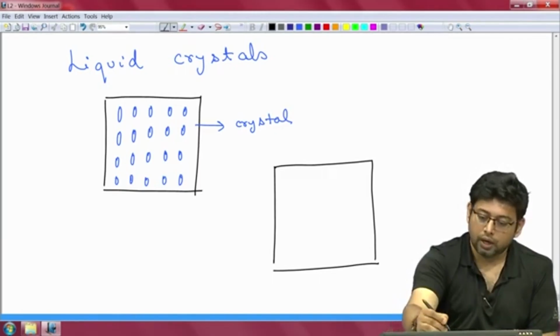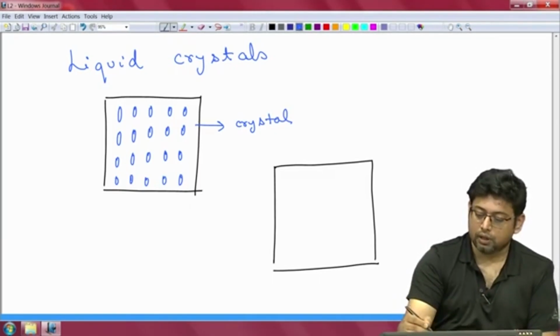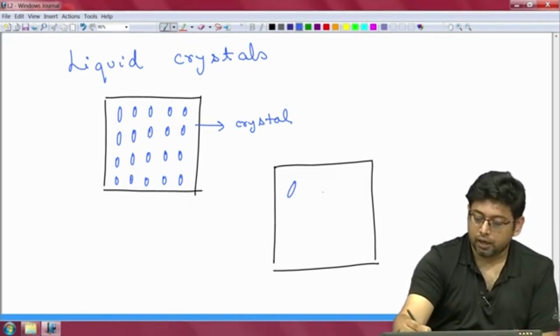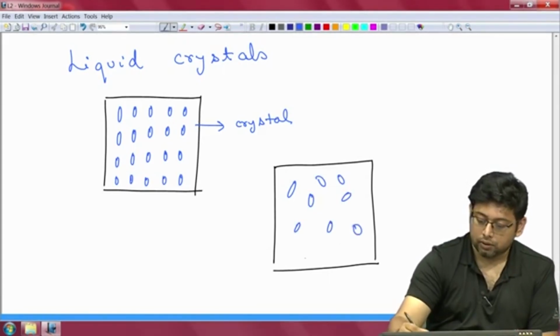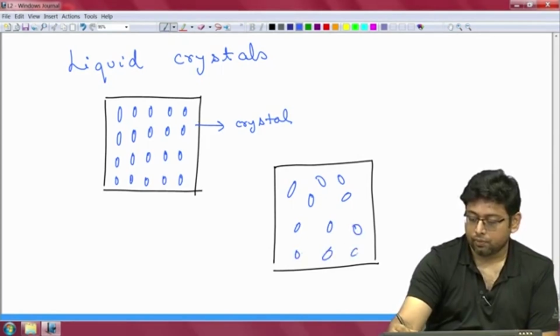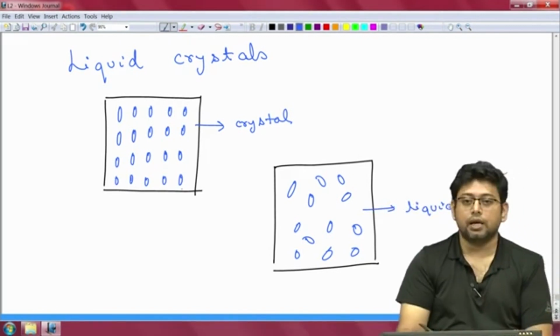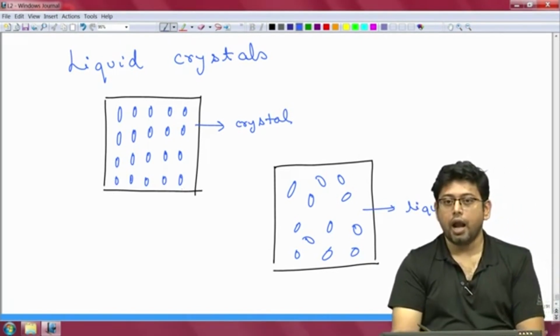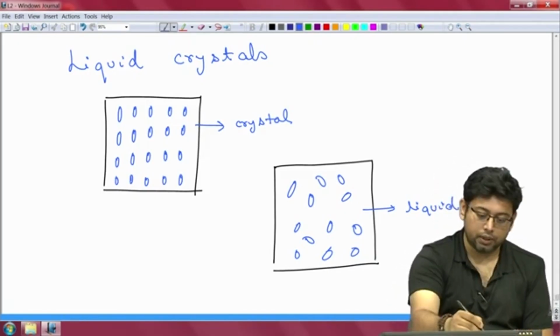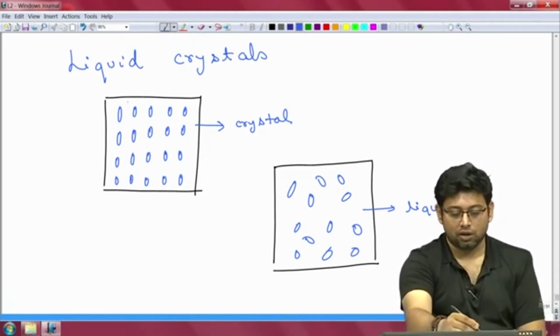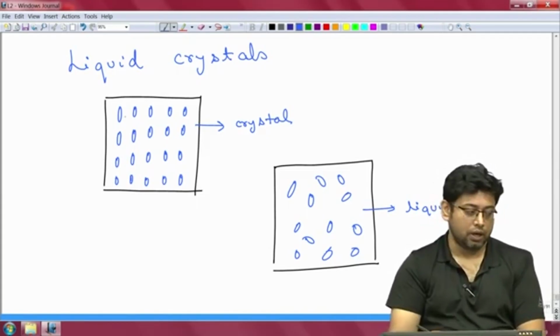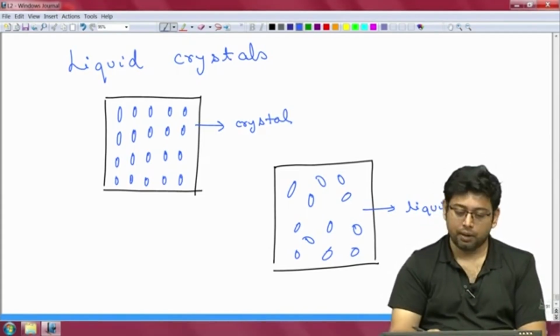So, if this was for a liquid, there would not be any positional order and no orientational order, right. So, this is a liquid type of system. And this is a crystalline system because you have positional and orientational order in this case, because I deliberately drew things which are anisotropic in nature. So, this system is composed of these ellipses.